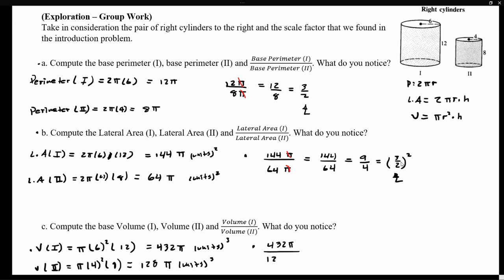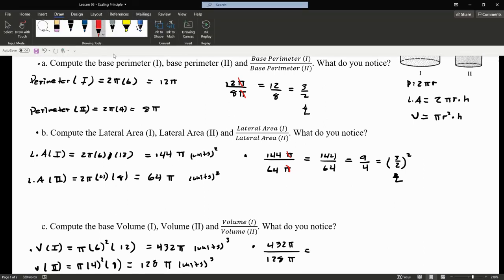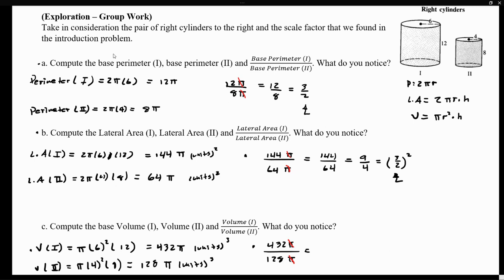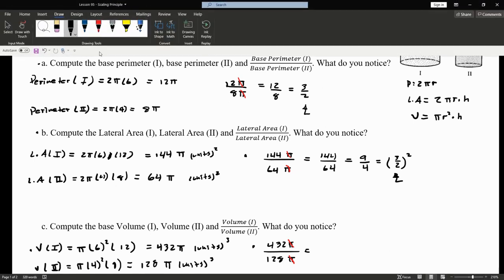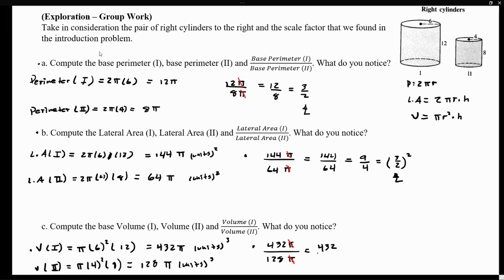If I divide it by 128 pi, the pi's are going to cancel out. And now we're going to end up with 432 over 128, which reduces to 27 over 8, which can be rewritten as 3 halves to the third.